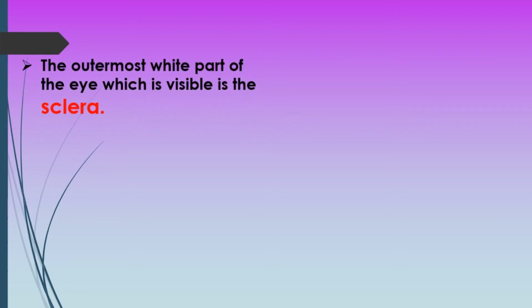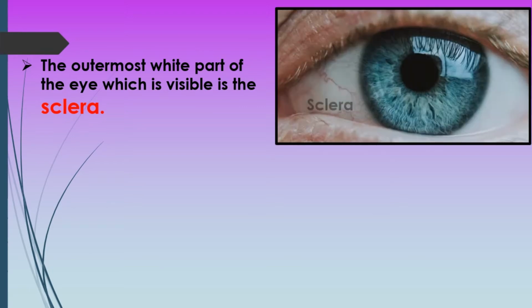The outermost coating of the eye is tough, elastic, and fibrous, known as sclerotic layer or sclera. Sclera is the white part which is visible.